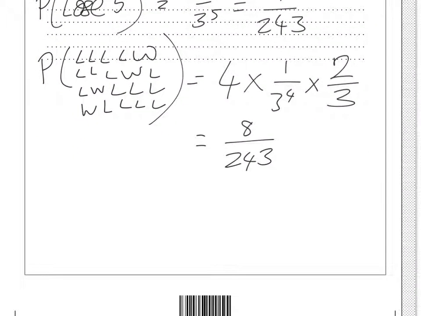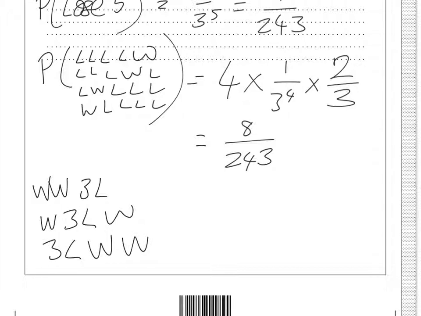And then the 3 losses. I think maybe we want to be a little bit cleverer when we're thinking about the 3 losses. If he only has 3 losses, then the only way he'd lose his job is if they're in a row, right?